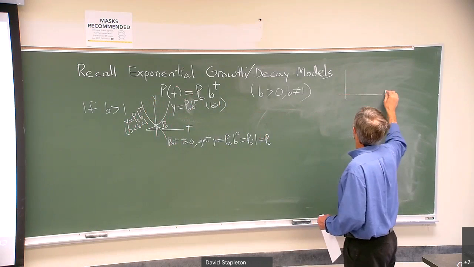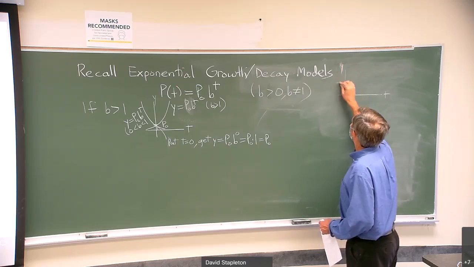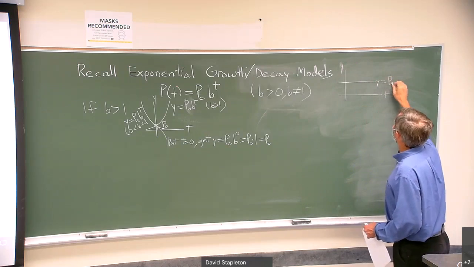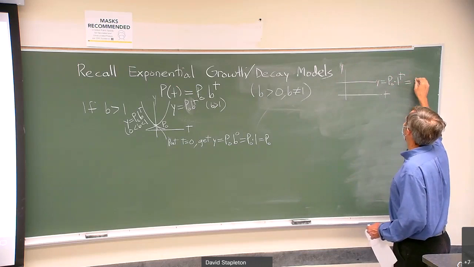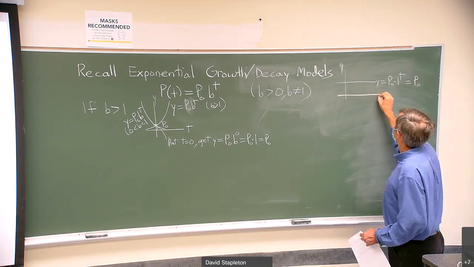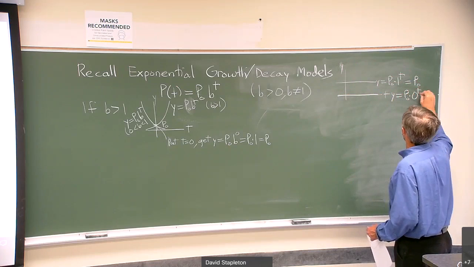I should draw them, huh? Put y equals P0 times 1 to the t, you just get the straight line y equals P0, right? And if you put y equals P0 times 0 to the t, you just get 0.